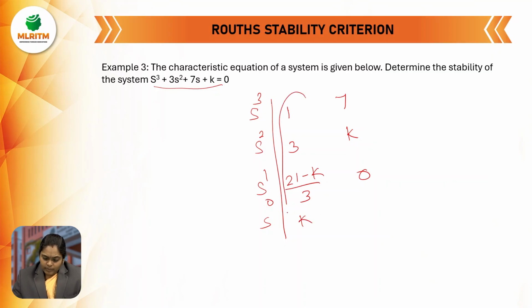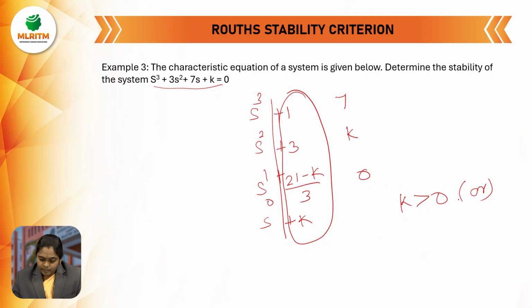So in order to make this system stable, we already know this is positive, this is positive. So it should also be positive. So k should be greater than 0. This is from s power 0. From s power 1, 21 minus k by 3 should be greater than 0.